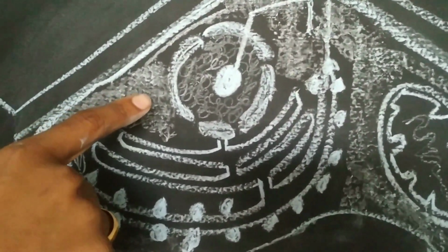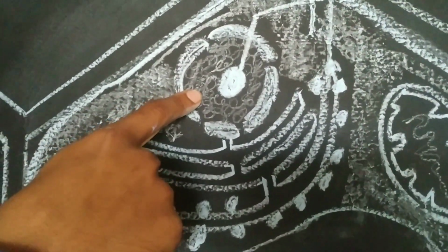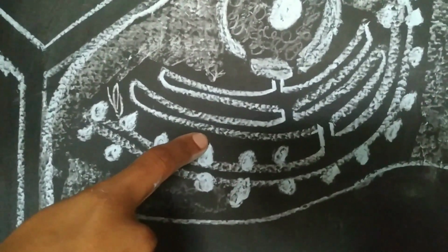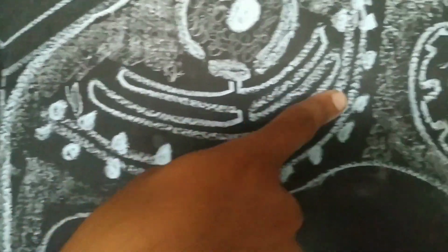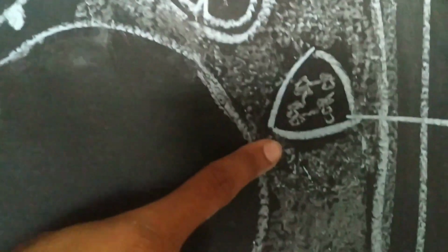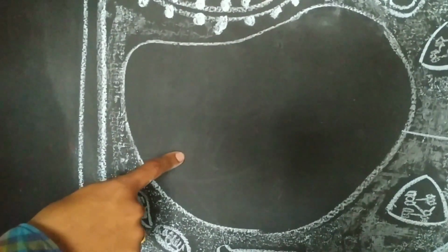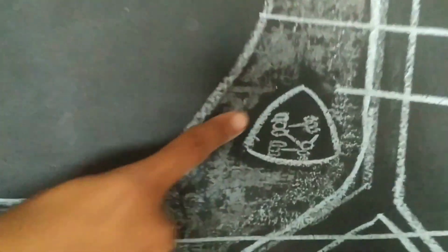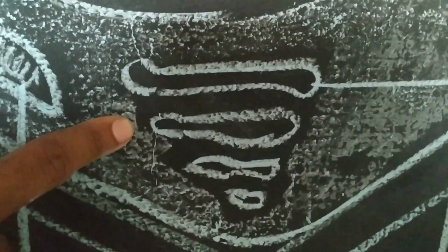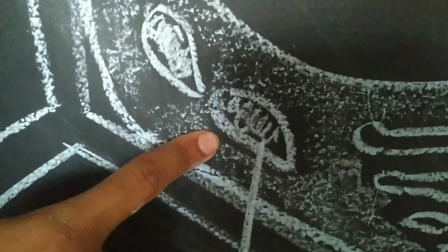This is how the parts look. This one is the nucleus and this is endoplasmic reticulum. This is mitochondria. This is chloroplast. This one is the vacuole. This is the cytoplasm, empty space. And this is Golgi complex. This is the lysosomes.